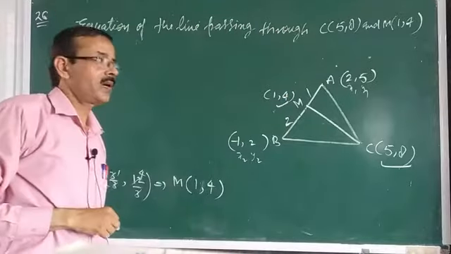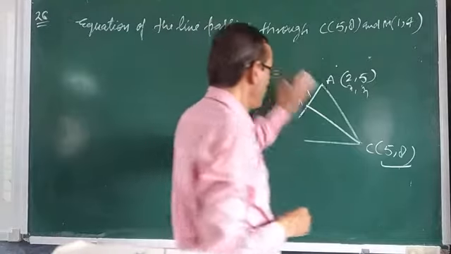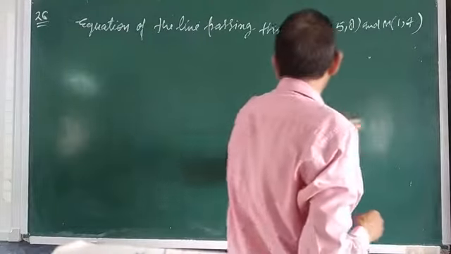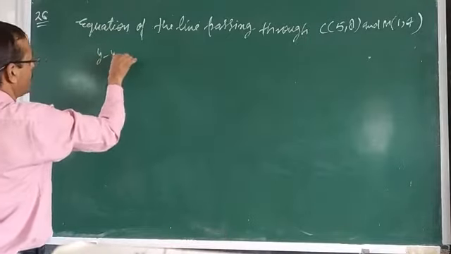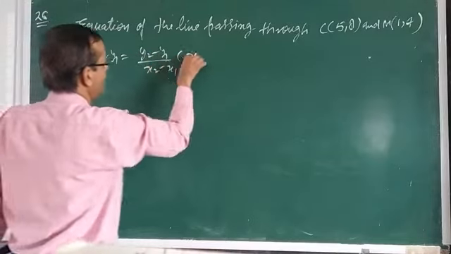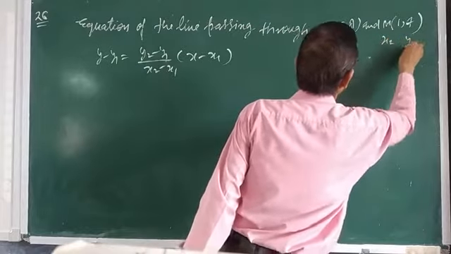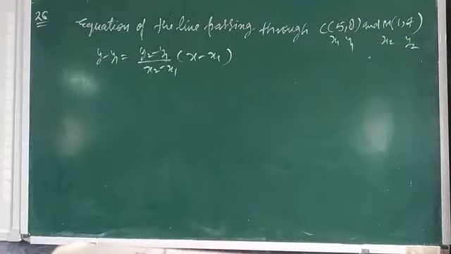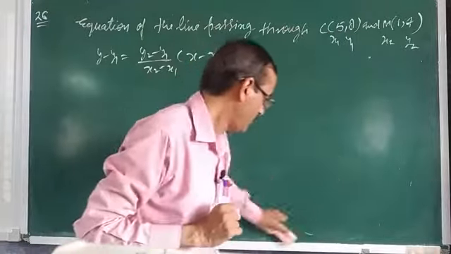So for the equation of a straight line passing through 2 points, already you know the formula. What do you have to apply? y minus y1 is equal to (y2 minus y1) upon (x2 minus x1), times (x minus x1). This is x1, y1, this is x2, y2. Right? Very simple. Some vehicles produce sound; a tractor was going, so I paused the video.